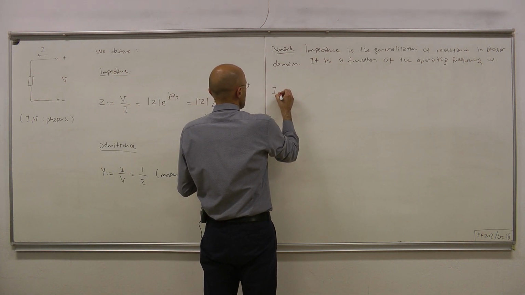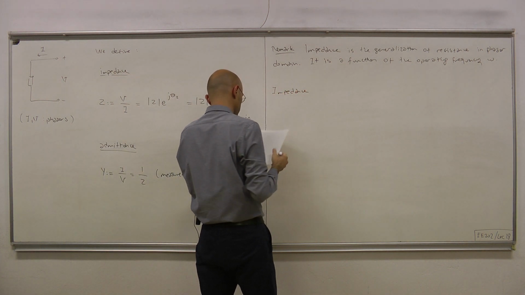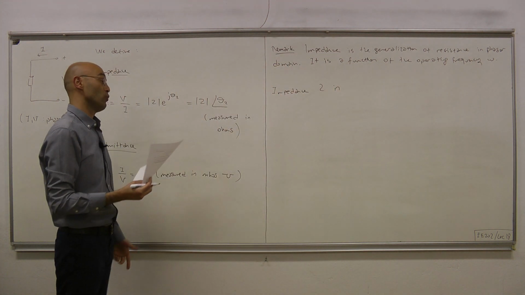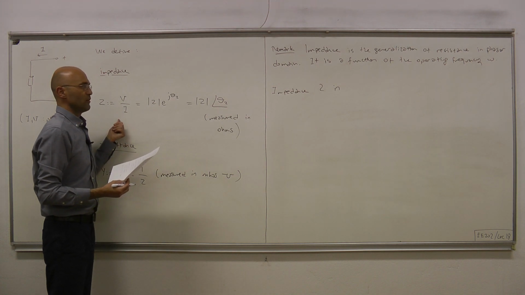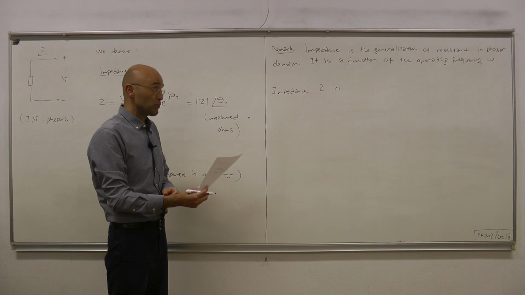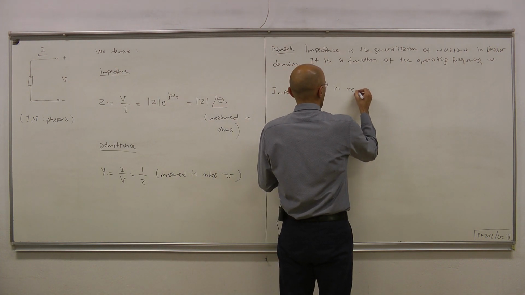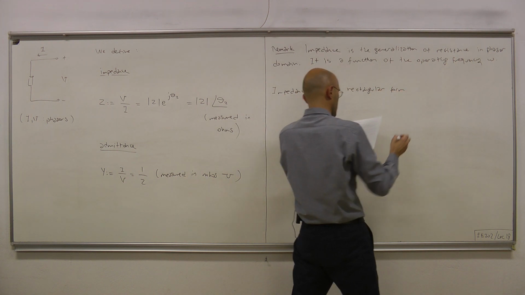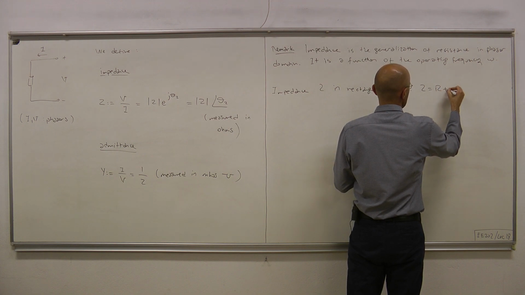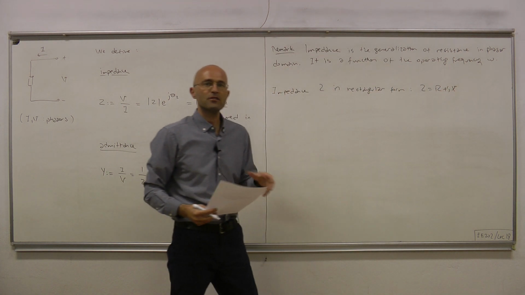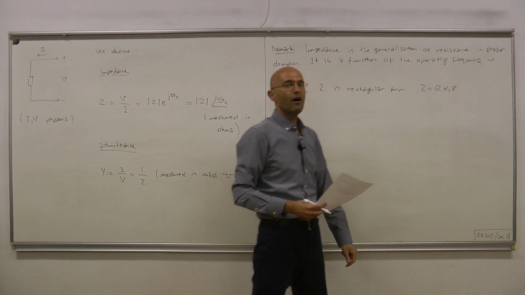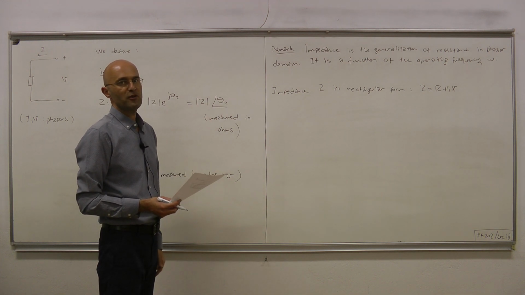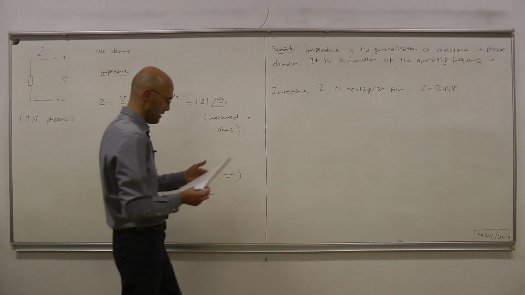Now, impedance Z can always be expressed in rectangular form, and sometimes it's useful to express it that way. When we do that, we write it as R plus jX. By convention, usually the real part is denoted by R, and the imaginary part is denoted by X. Those real part and imaginary part have special names.